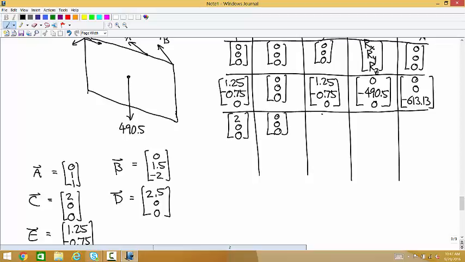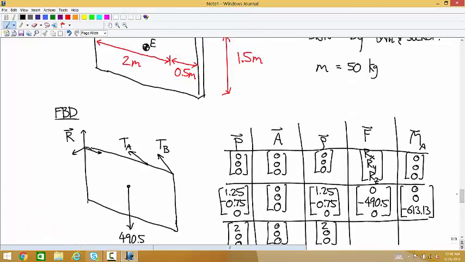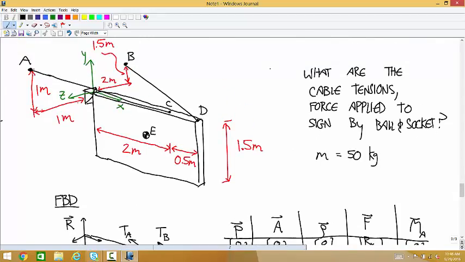Subtract and the rho vector is 2, 0, 0. And now we have to think about the force vector applied. How are we going to come up with the force vector applied by that cable? We'll get a vector that goes to A from C. Then we'll find the unit vector in that direction, and then we'll multiply it by the variable TA.